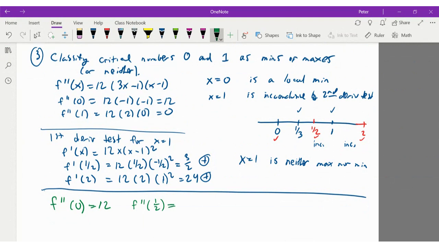Okay, f double prime of 1/2 is going to be 12 times 3 times 1/2, which is 3/2, minus 1 is 1/2, times -1/2. That gives us 12/4, which is -3, and f double prime of 2. I had pre-calculated that. I won't bore you with the calculation, but that's 60.